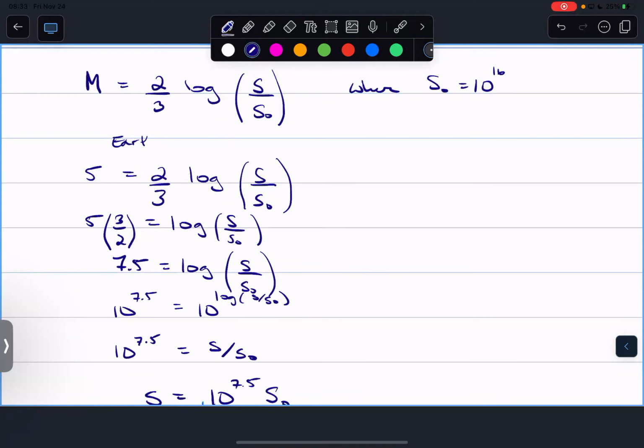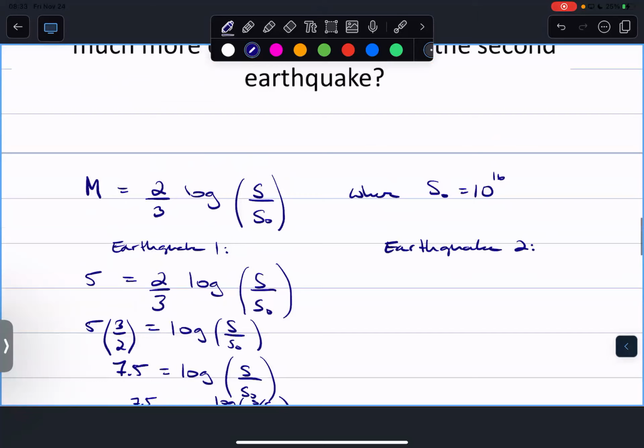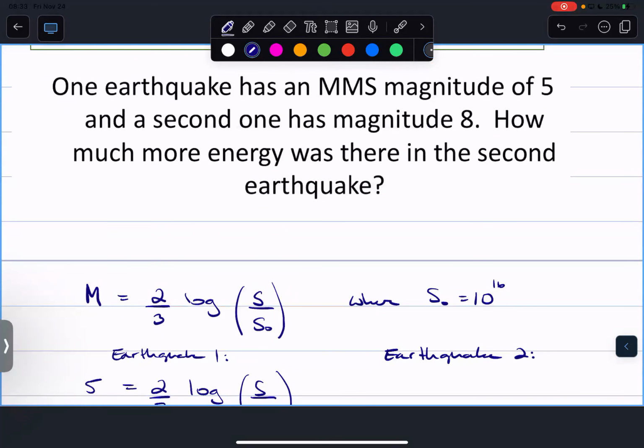I'll say earthquake 1, earthquake 2. Had a magnitude of 8.